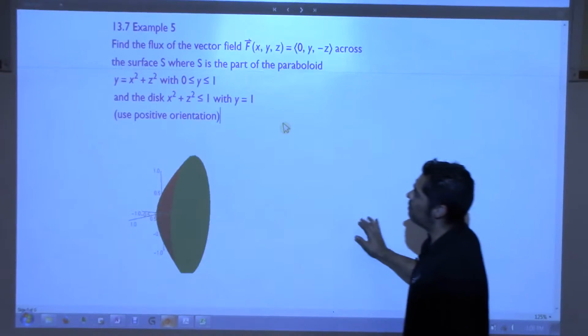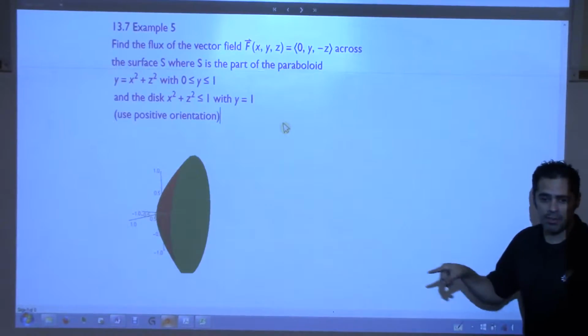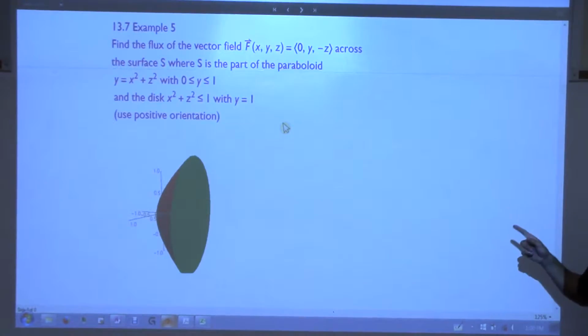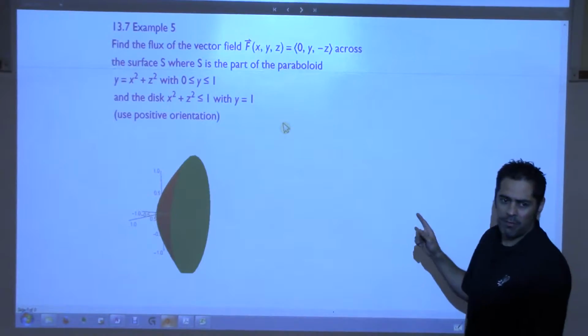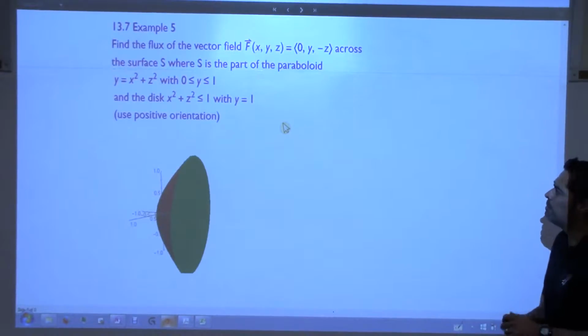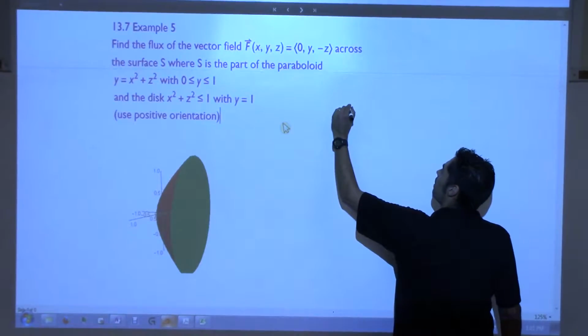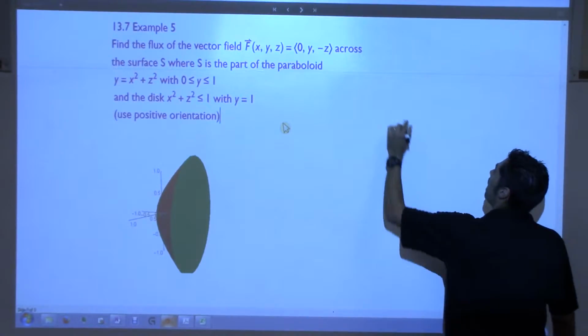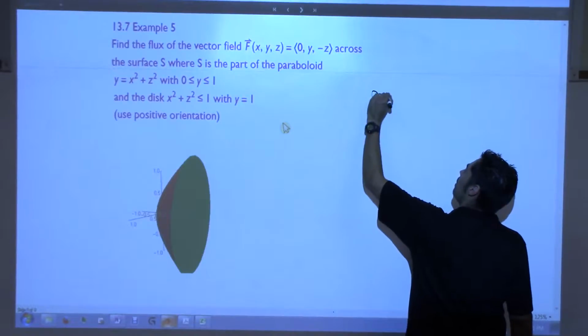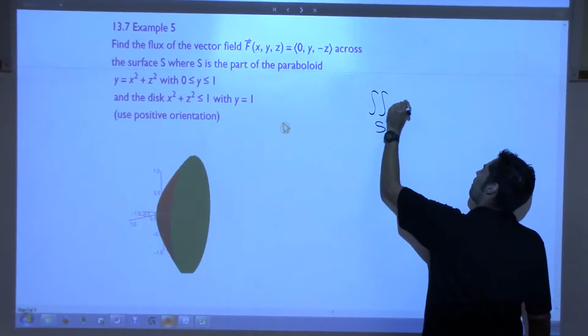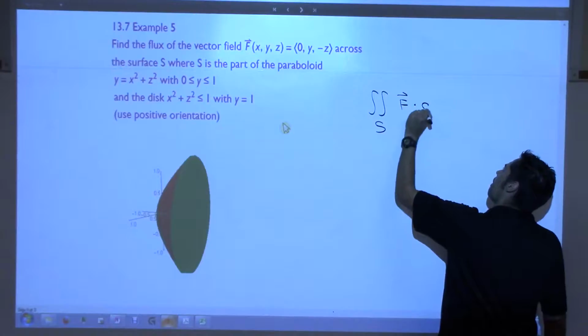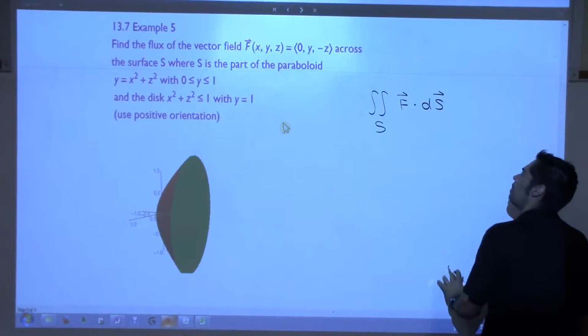All right, so look, we're gonna get through 13.7 today. We're gonna start 13.8. I'm gonna do two more examples in 13.7 of flux. And to remind you what we have for flux, there are a couple of formulas. The main one I'm gonna use, does that look familiar?